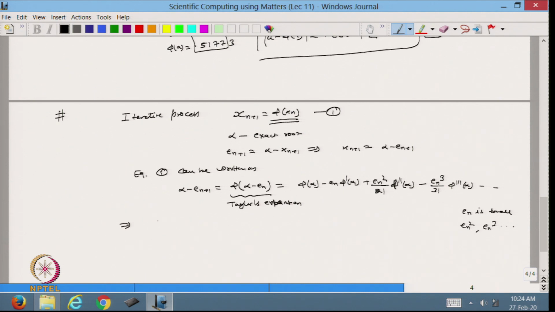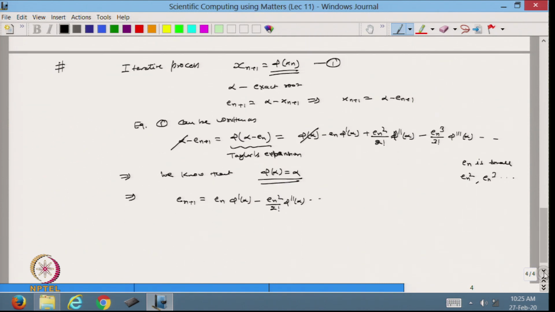So, based on this one I can ignore these values. We know that phi of alpha is equal to alpha, because this is the exact solution, and in my iterative process phi of alpha will be equal to alpha. So, from here I can cancel this out. So, I can write E n plus 1 is equal to, minus E n I can take common, E n phi dash alpha minus E n square by 2 factorial phi double dash alpha and so on.